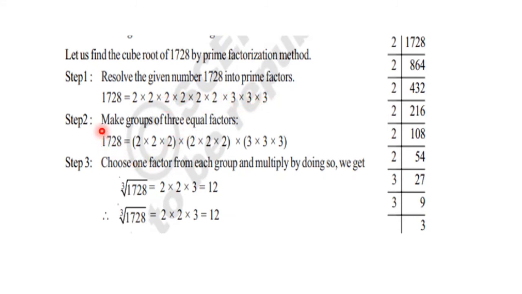Make groups of 3 equal factors. Then choose one factor from each group and multiply. By doing so, we get cube root of 1728 is equal to 2 × 2 × 3. In this group it is 2, in this group it is 2, in this group it is 3. 2 × 2 × 3: 2 twos are 4, 4 threes are 12.